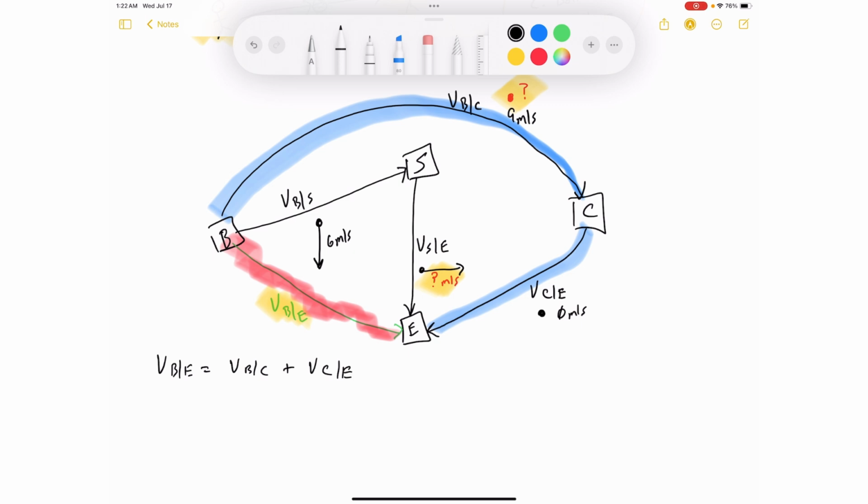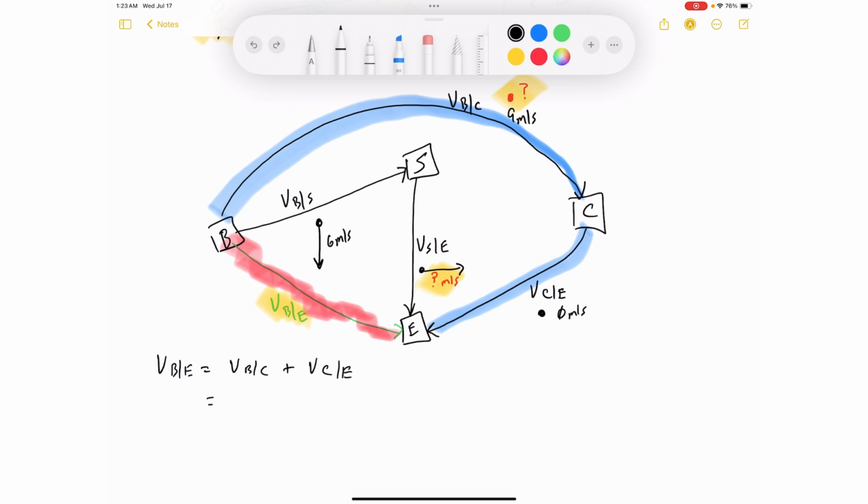The velocity of the ball relative to Earth, I don't know that, but I do know V of B over C. The problem is that for these two vectors, V of BC and this one right here, I don't know their actual direction. But for both of them, I do know their speeds. So we're just going to write their speeds down instead.